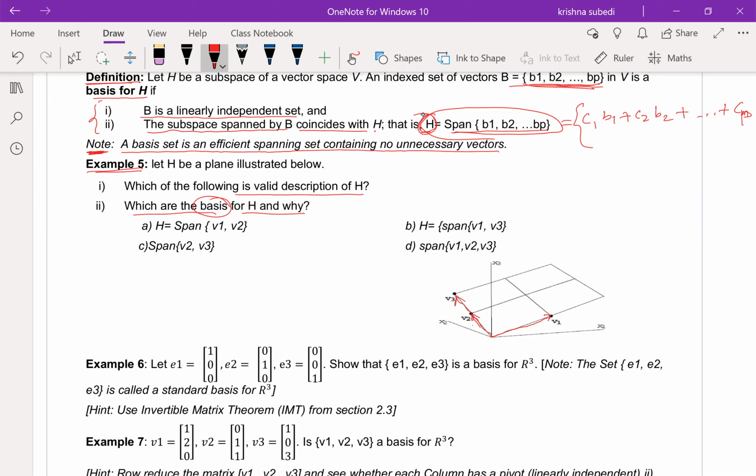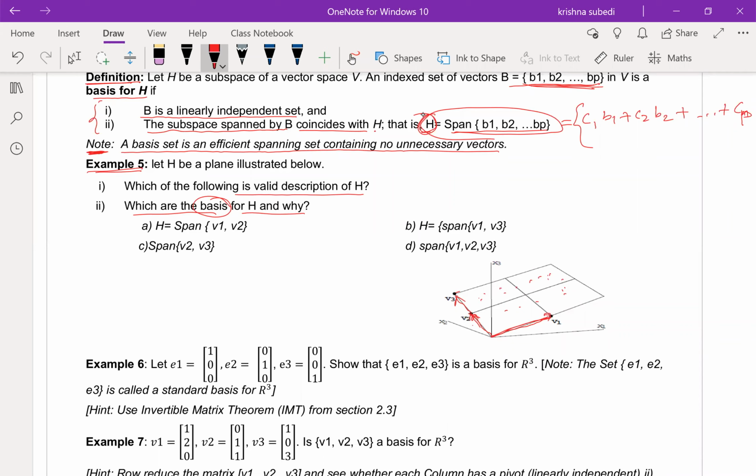My question to you is that H means this plane that you can see. Can I create that plane if I'm given only two vectors, v1 and v2? If I am given these two vectors, can I create that space? Can I express every single point in this plane using v1 and v2?